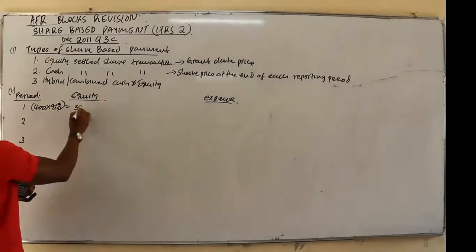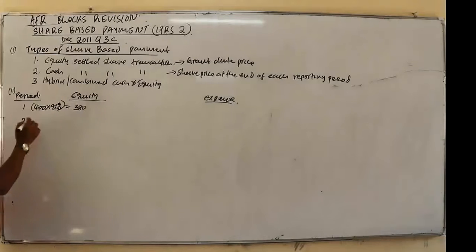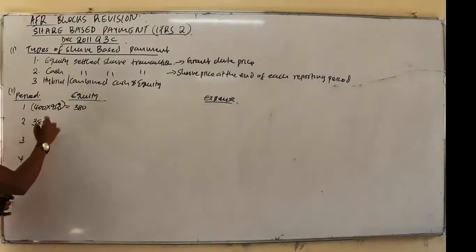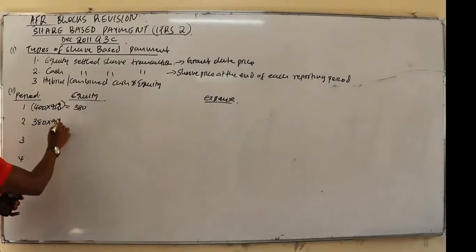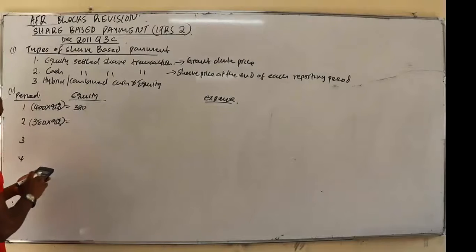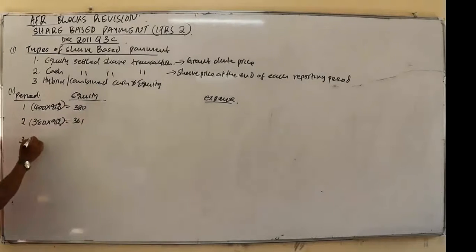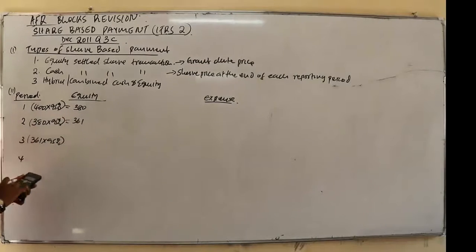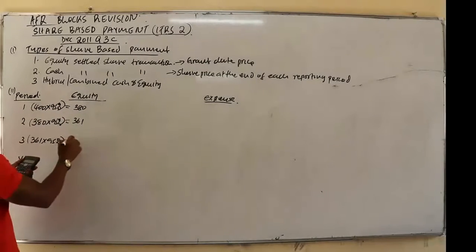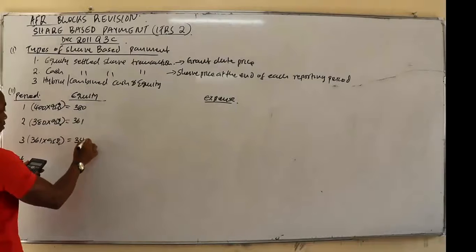You'll get 380. Now, in the second year, you take 380, an additional 5% leaves, so you multiply by 95%, and you get 361. Then you also take 361 times 95%, and you get 343.